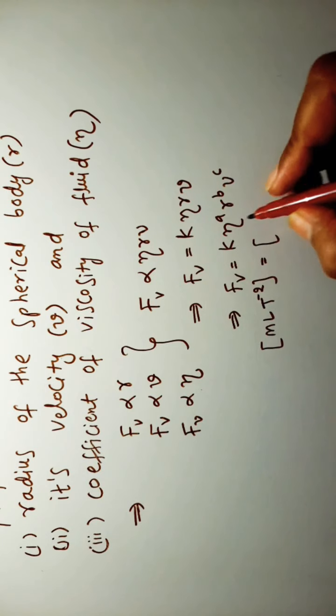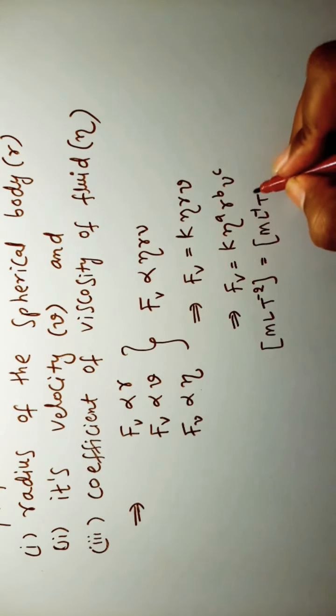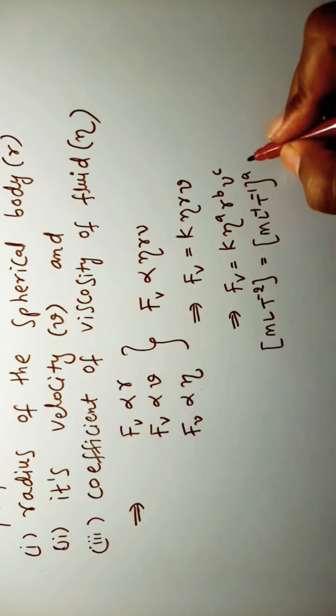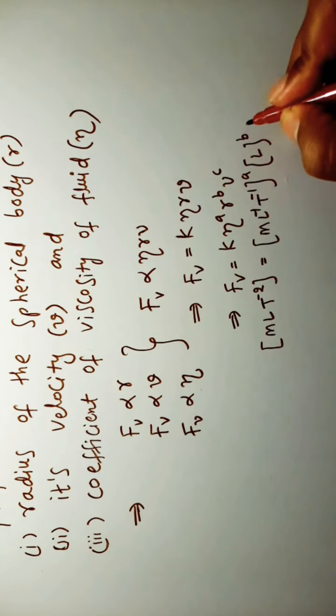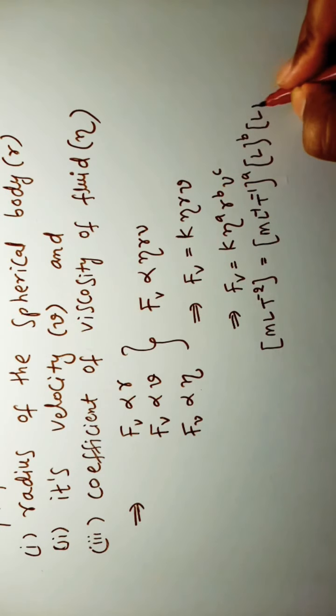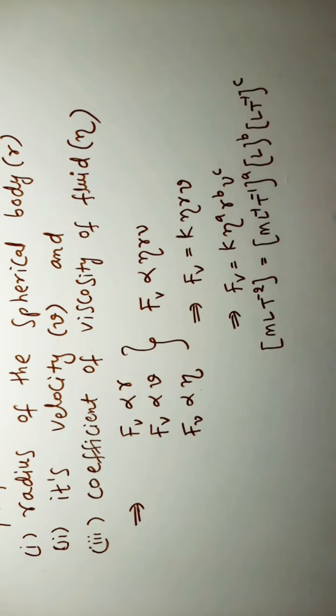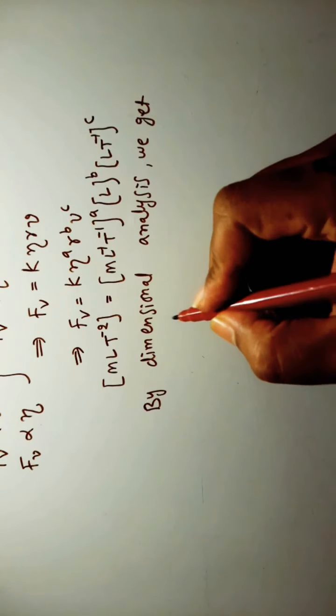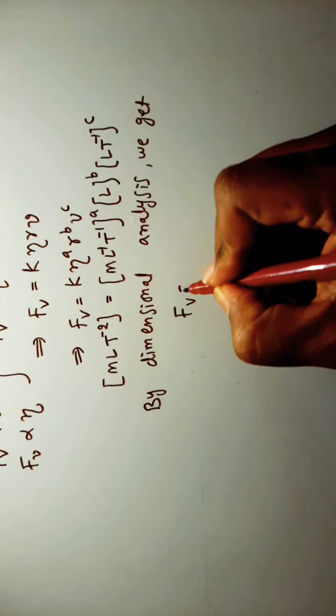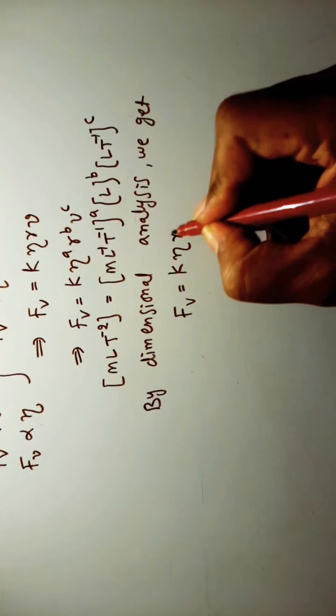The dimension formula for eta is M L to the power of minus 1 T to the power of minus 1, whole power A. Here R is length, L to the power B, V is velocity, that is L T to the power of minus 1, whole power C. By dimensional analysis, we get Fv is equal to k into eta R V.